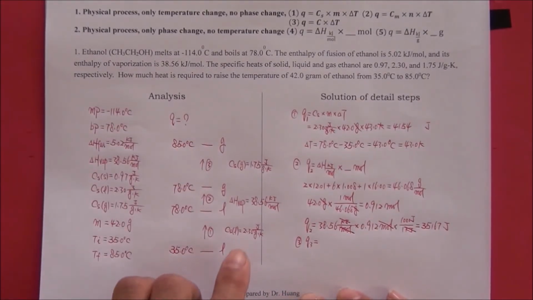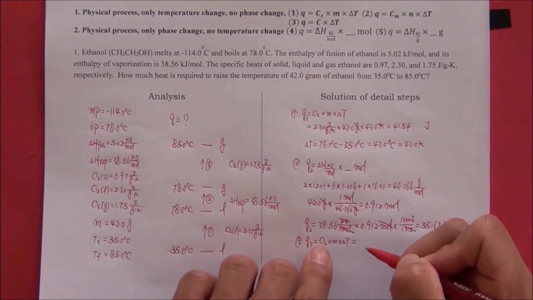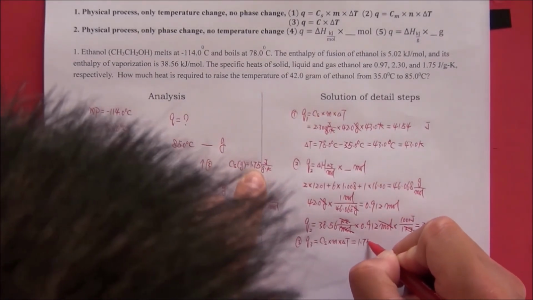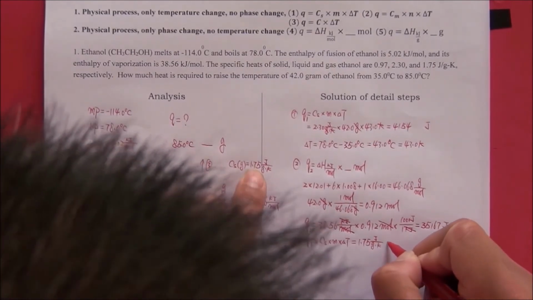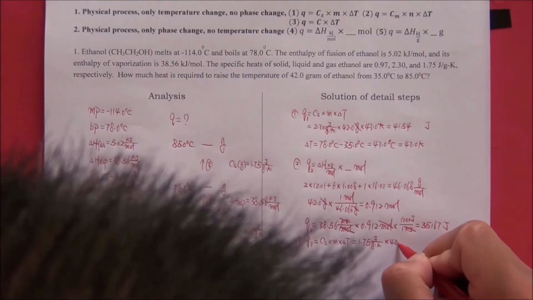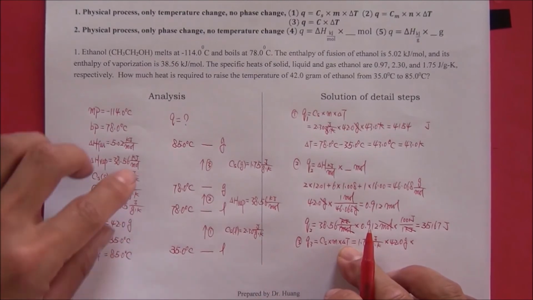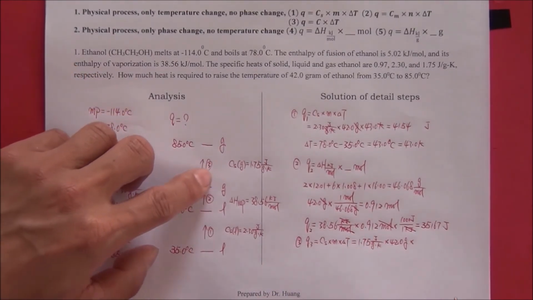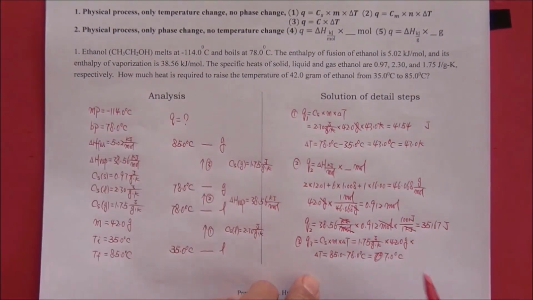Now we are going to calculate the heat for step 3. For the same reason as in step 1, we need to use equation 1. The specific heat is 1.75 joule per gram per Kelvin. The mass is 42.0 gram. And the temperature difference is using the final temperature minus the initial temperature of step 3.